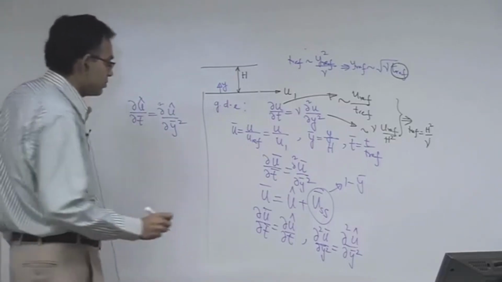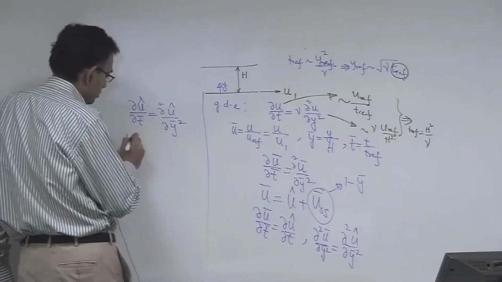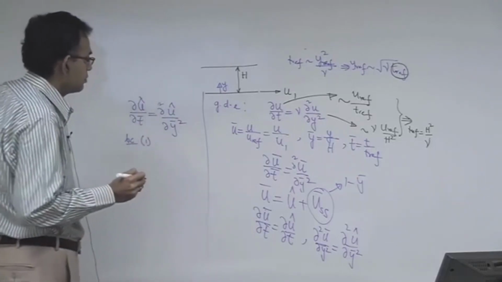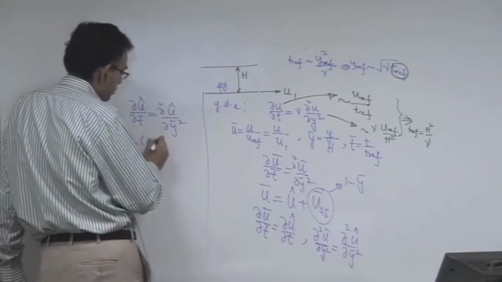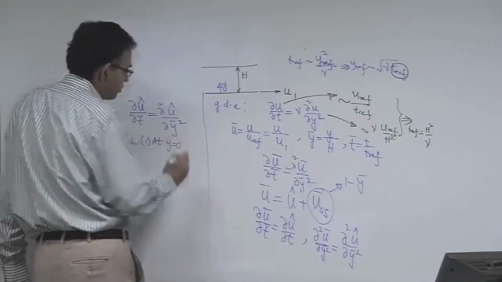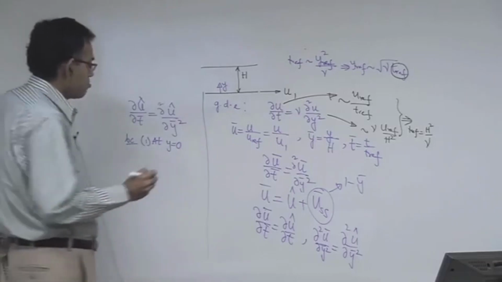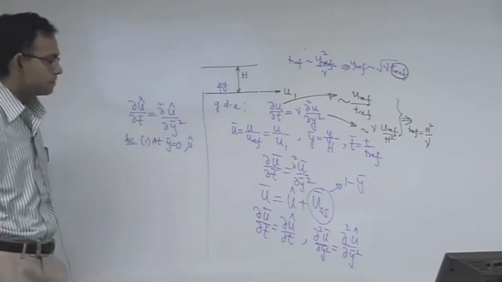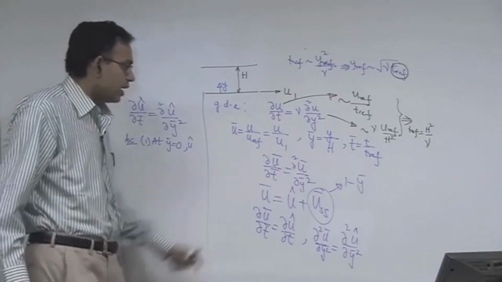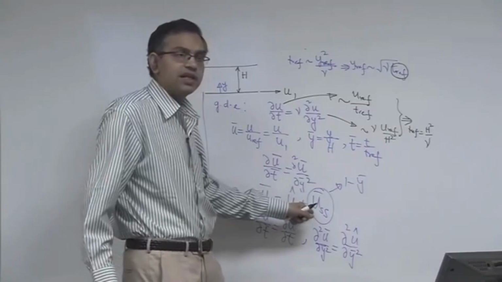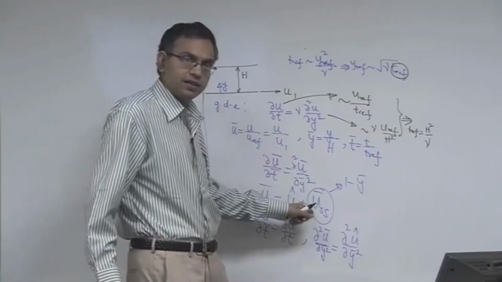Boundary conditions: at y equal to 0, what is u hat? At y equal to 0, u is equal to u steady state, right.